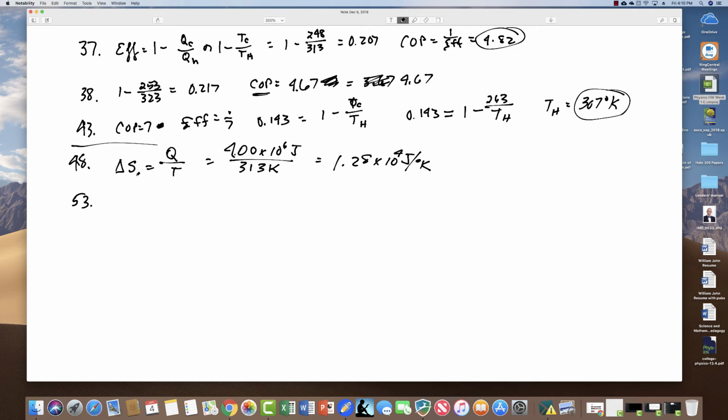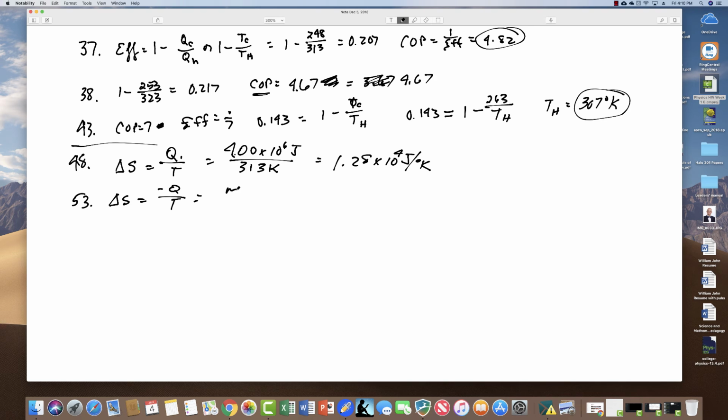53 states, what is the decrease in entropy of 25 grams of water that condenses on a bathroom mirror at 35 degrees centigrade, assuming no change in temperature, given the latent heat of vaporization is 2450 kilojoules per kilogram? So delta S is going to equal minus, because when it condenses it loses heat.